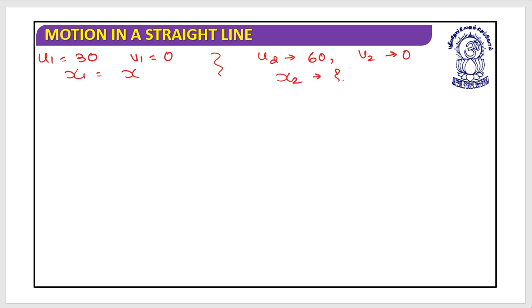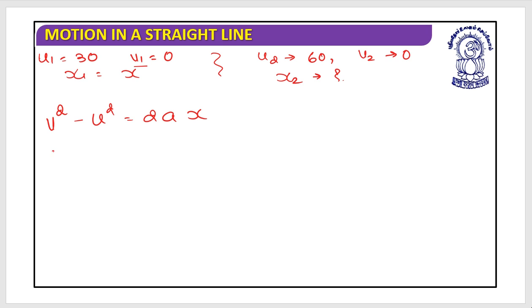So what I have is the initial velocity, final velocity, and distance, and I know that my retardation is the same. So what you can consider is the master formula: v square minus u square is equal to 2ax.